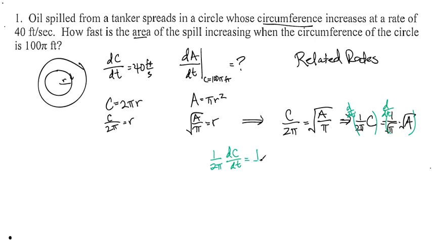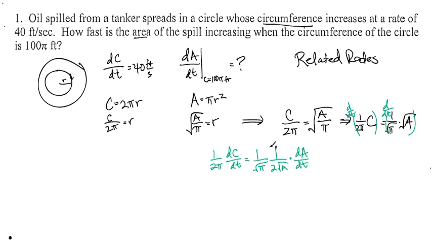On this side, we have 1 over square root of pi, that's your constant, times, that's your coefficient, times the derivative of this, which is the shortcut I taught in class, 1 over 2 root A. And remember, since we're taking with respect to t, I have to write dA/dt.